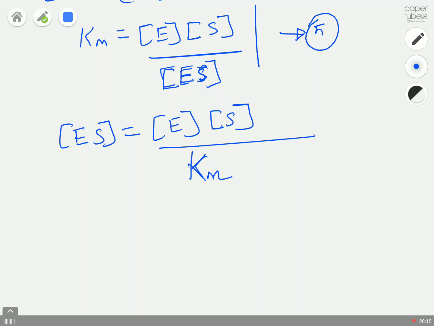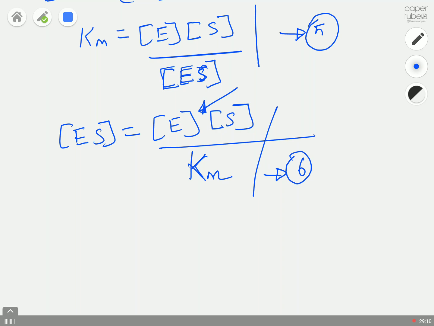And then we have enzyme concentration somewhere around here. Okay, let's call this equation 6.